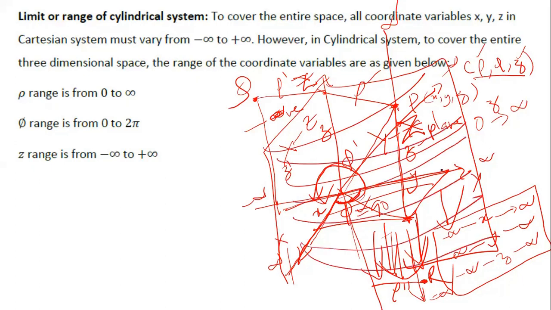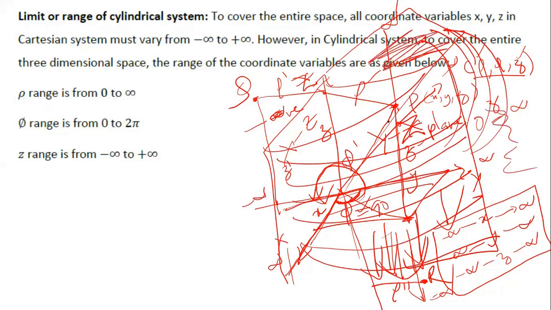Now, if you vary phi from 90 to 180, it will cover the second quadrant. By varying phi from 90 to 180, you can cover all the points within the second quadrant here.